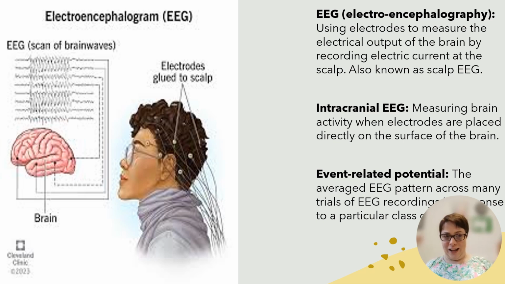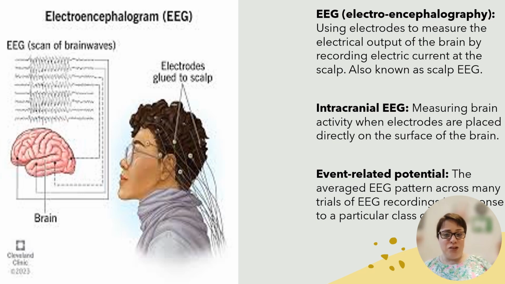So returning to the scalp EEGs, researchers use a particular method called ERP, or event-related potentials. In the ERP technique, EEGs are measured in response to particular stimuli or events.